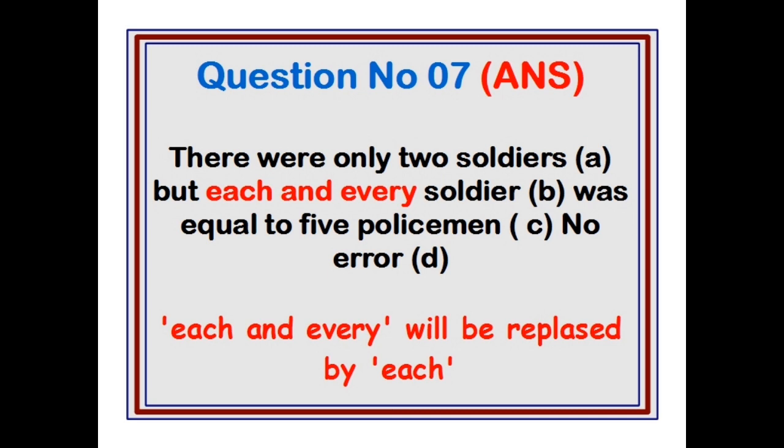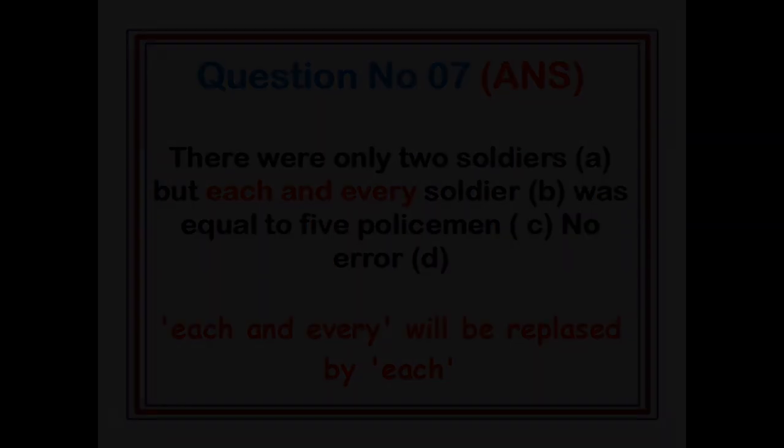Here, in the given sentence, there are only two soldiers. So, each and every is wrongly used here. It should be replaced by each soldier. So, the error is in the B part. Okay. Let's go for the next question.